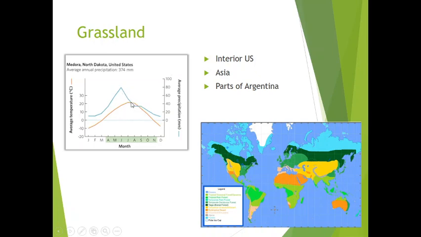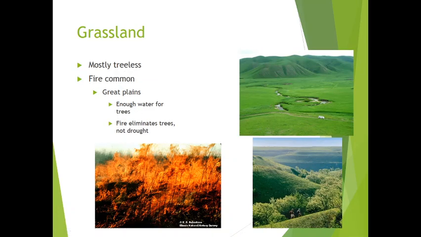What can happen then is if you get a long drought one year, you can get a lot of fires. So the fires eliminate the trees, it's not the drought that does that. Grass is able to bounce back real quickly because most of its biomass is underground, whereas the trees are not able to bounce back from that fire. So if repeated fires come in, they just kill all the trees every couple of years.